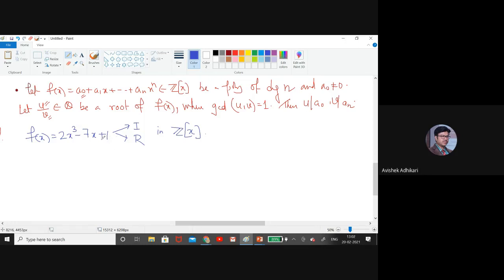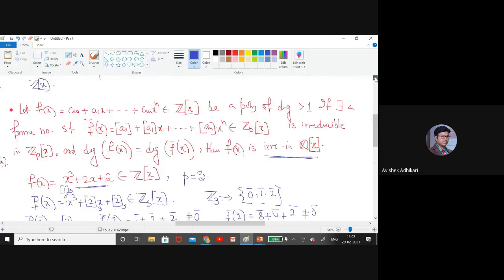For example, you cannot use p equal to 2 here. In the last theorem we used p equal to 3, but here you cannot use p equal to 2, because if you use p equal to 2, then the degree will become less than 3, because this term will vanish. As a result, the degree will be 1. But in that result, mind that another point was there, the degree has to be the same.